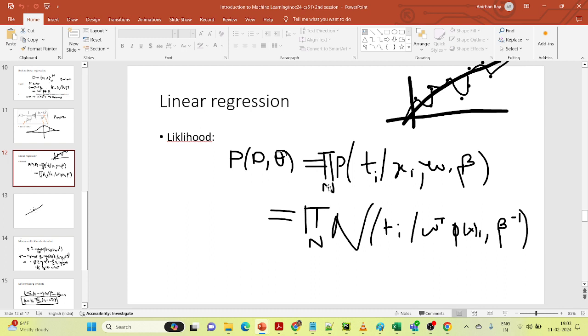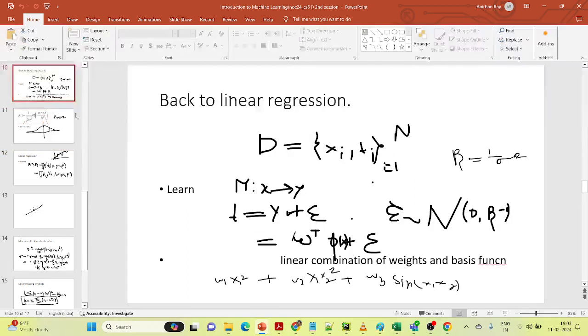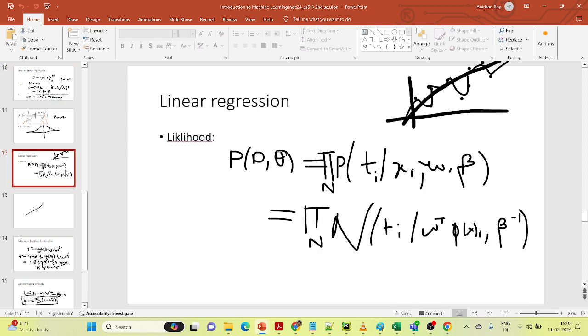And for engineering problems we usually consider the likelihood to be a normal distribution. And here according to our definition the mean is going to be w transpose phi x, and the variance is going to be the variance of this error, that is beta inverse.